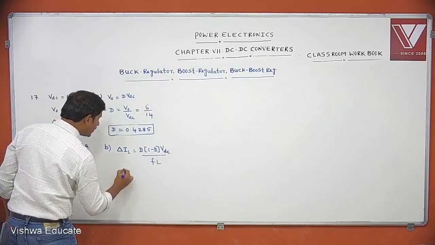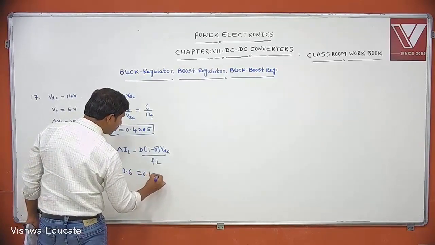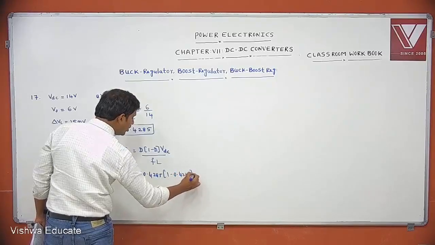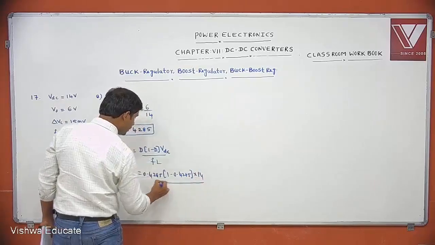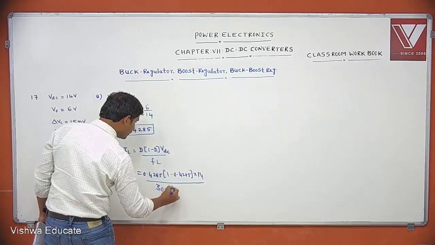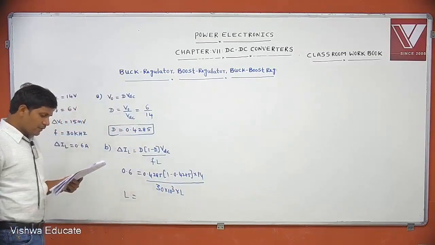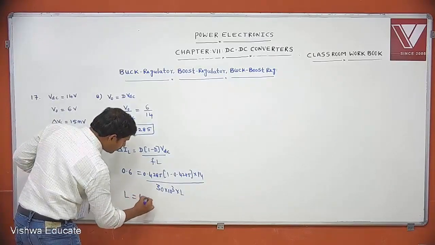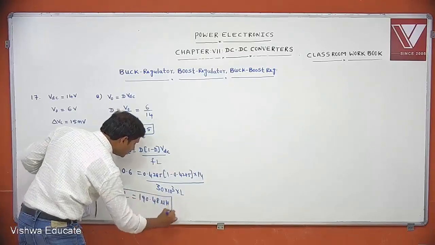Peak to peak inductor ripple current is 0.6 ampere, duty cycle is 0.4285, 1 minus 0.4285, into Vdc, which is 14 volts, by switching frequency 30 kHz into L. From this we calculate the inductor. Simplifying, we get the filter inductance 190.48 microhenry.